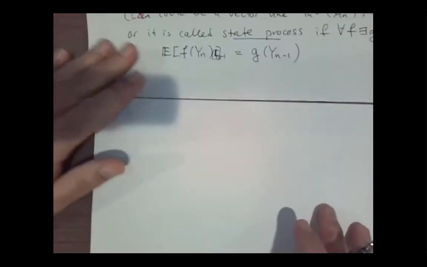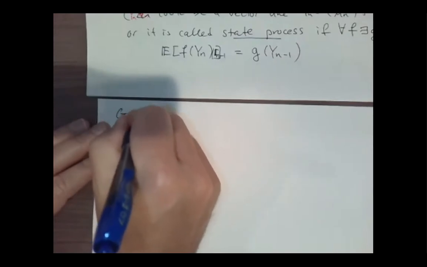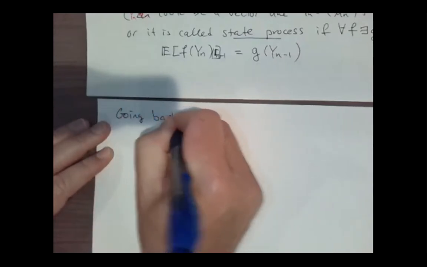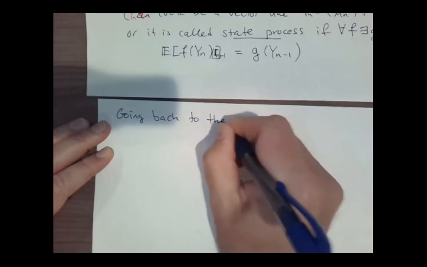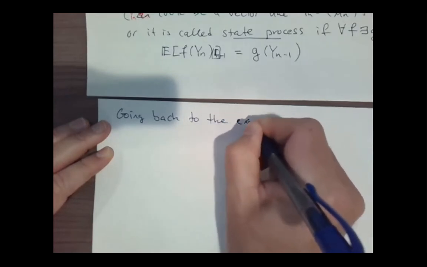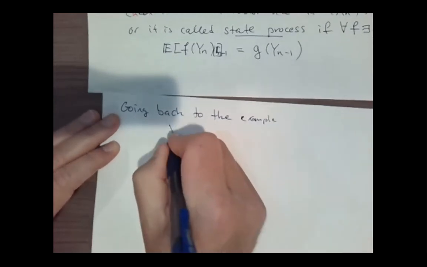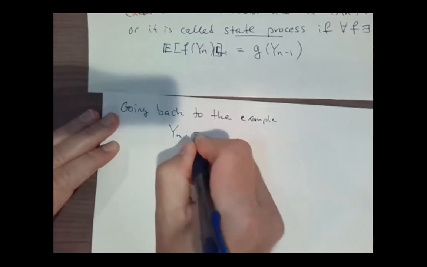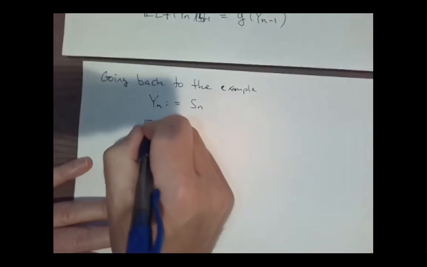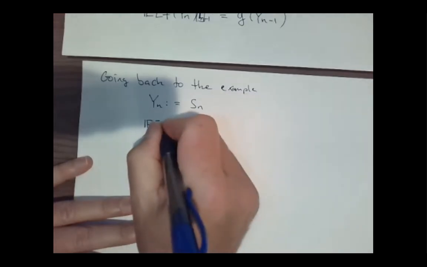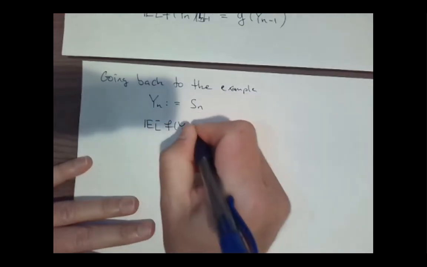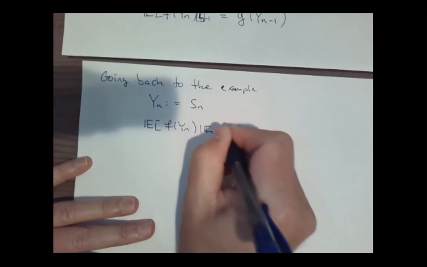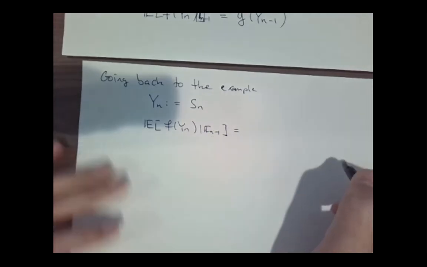So going back to the example, we could start out by saying Yn is just S. Is it true that when I compute the conditional expectation of f of Yn given Fn minus 1, this is really just a function?